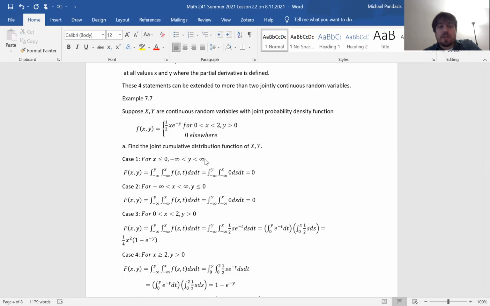Okay, so again, what we're doing is integrating. Here's the real number line, right? And the function is only non-zero between little x equals 0 and little x equals 2. Here's little x equals 0, here's little x equals 2.